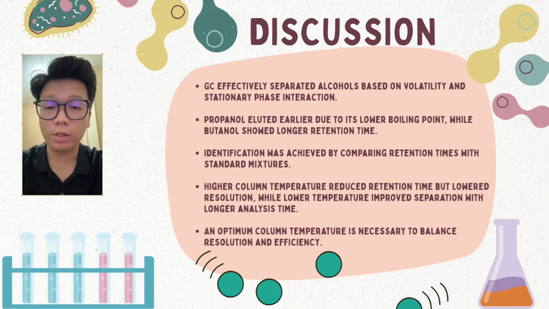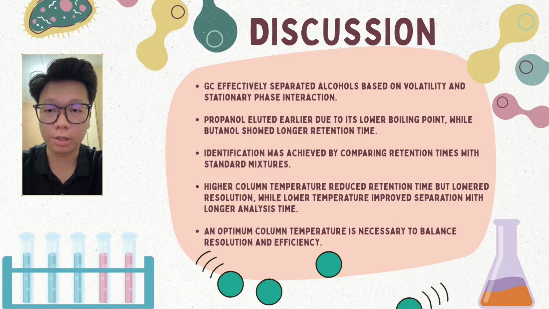Next, I will discuss the result of the gas chromatography analysis. Gas chromatography successfully separated the alcohol compounds based on their volatility and interaction with the stationary phase. Clear peaks were observed for propanol and butanol, showing effective separation. The compounds in the unknown sample were identified by comparing their retention times with the standard mixture.